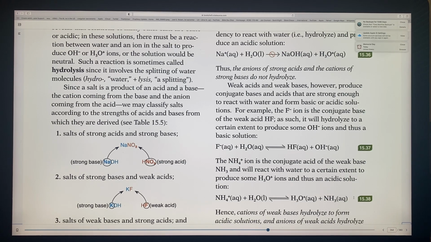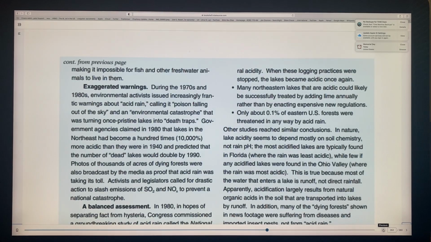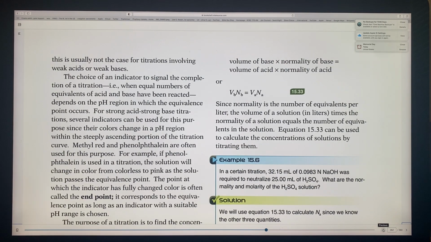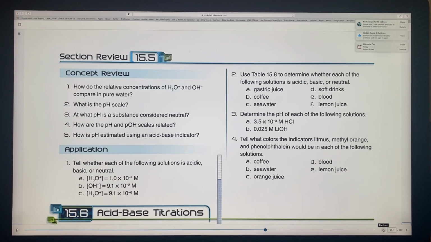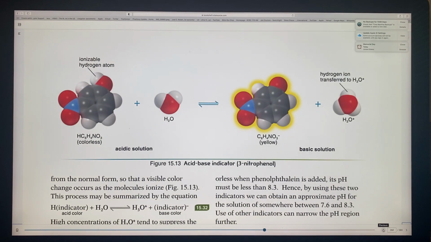If we go back to table 15.5, remember we went through how strong an acid is. Let's go back and look at that table quickly so you can see it. It's quite a few pages back. The strengths.